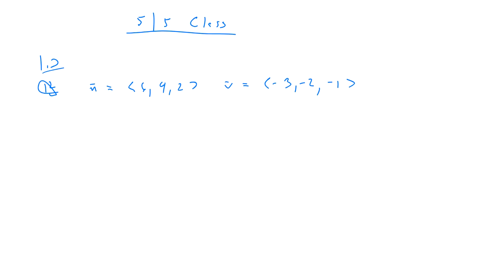How do you know if the angle is going to be 0? How do you know if it's going to be pi? In both cases, one will be a constant multiple of the other. How do you tell? I've gotten 1, 0, and a couple pi's. Right. Since it's a negative multiple, that means they're in opposite directions, which means the angle between them is pi. Whereas if it was a positive multiple, then they would be in the same direction, which means the angle would be 0.